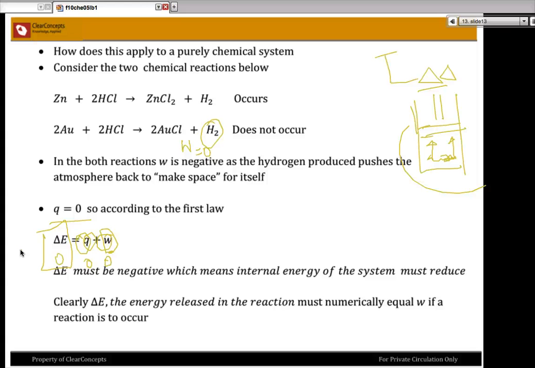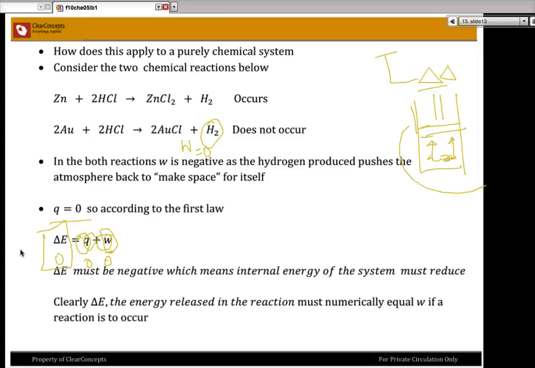All right, very good. So I hope you understand how we are taking this idea of thermodynamics and conservation of energy and how it actually applies to chemical systems. Obviously this is a very simple appreciation. If you get into details, it's a little more complex than this. But really, I've brought it down to a very simple way of understanding why some reactions can take place, some reactions cannot.